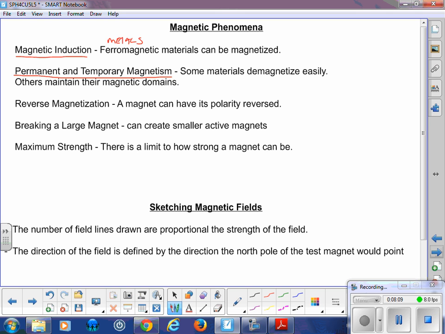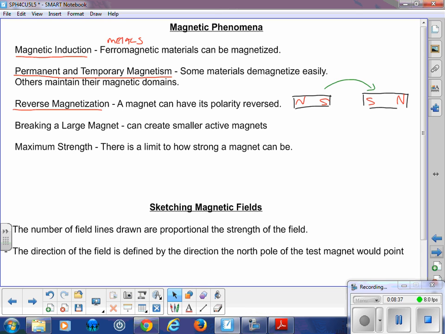So the domains don't want to stay in that arranged formation. Reverse magnetization means that we can switch a magnet's polarity. We can make a magnet that has a polarity of north-south, and force it to then become south-north, so we can reverse its polarity with a stronger magnet. If you drop a large magnet, or any magnet, and it breaks into smaller pieces, the smaller pieces become little components of the magnet.